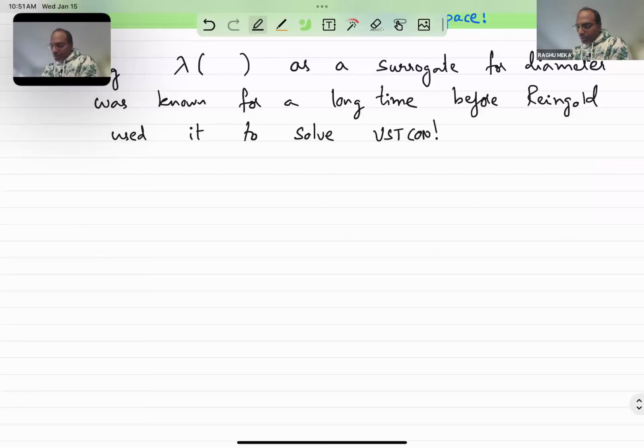And so Reingold's main idea, which is what we're going to explore, is the following.